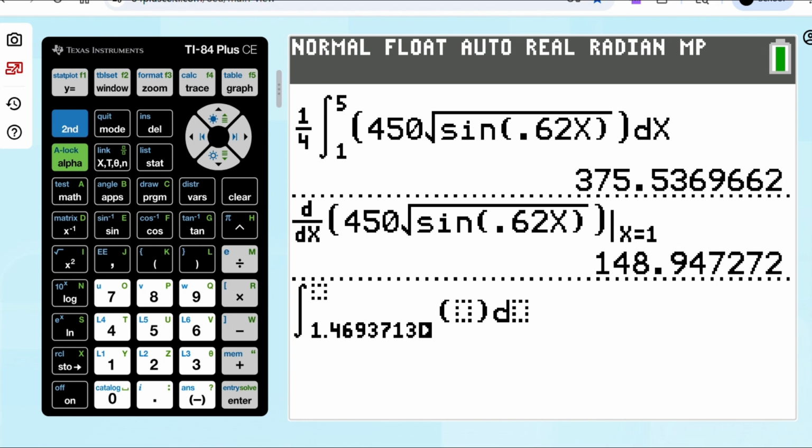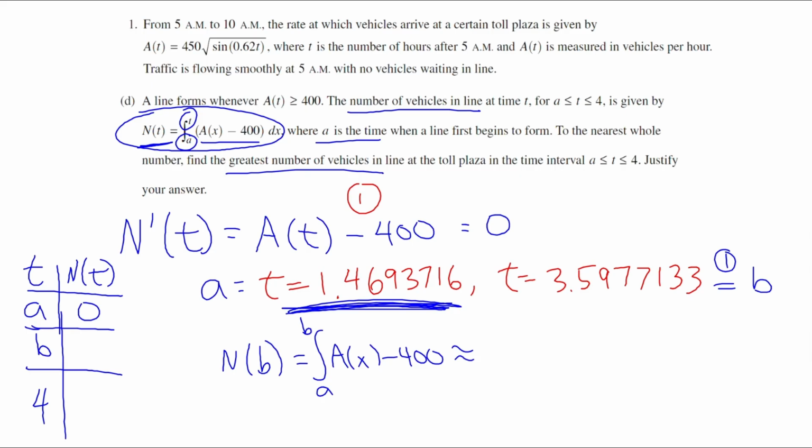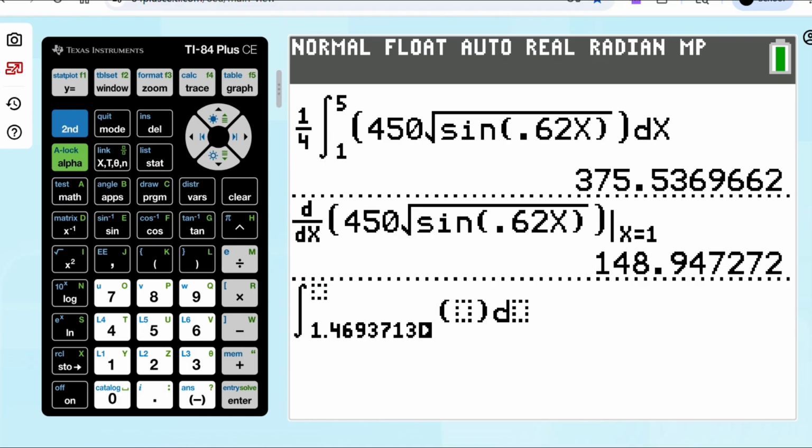Let's check on that value just to make sure I haven't lost my mind. 3716, good thing we checked. Not that that's probably going to make much of a difference. We'll put in our 6 there. And then our upper limit here was 3.5977133. And we're just integrating that a of x minus 400 function.